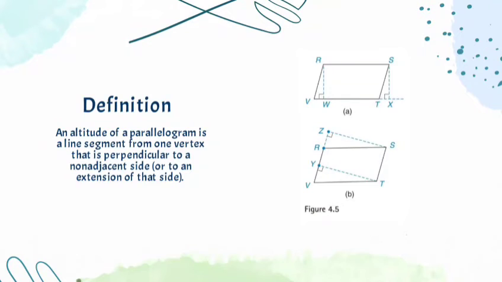Definition: an altitude of a parallelogram is a line segment from one vertex that is perpendicular to a non-adjacent side or to an extension of the side.